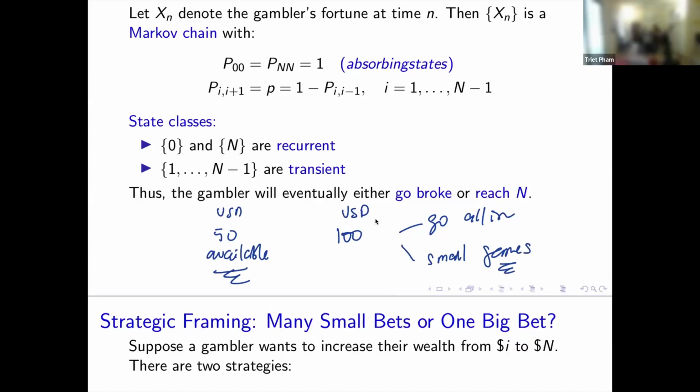Question: are the two strategies equivalent, or is one strategy better than the other? Just get the pain over with, either go big or go home, or let's enjoy it while it lasts. What do you think? Does it matter?